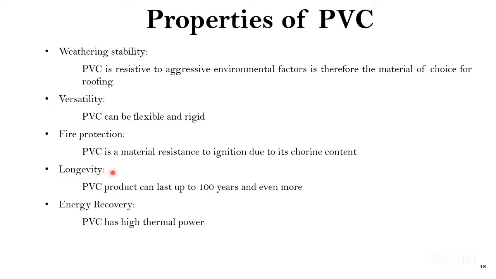Then the longevity. Longevity means the material has quite a long lifetime. So PVC can last up to 100 years. If you look at the water connection system in your housing, you can see that they use that pipe for a very long duration of time.